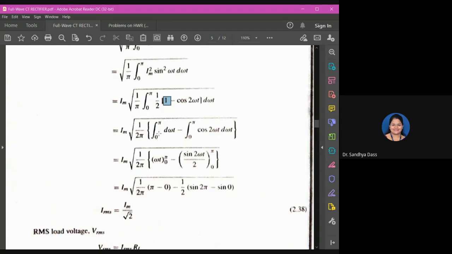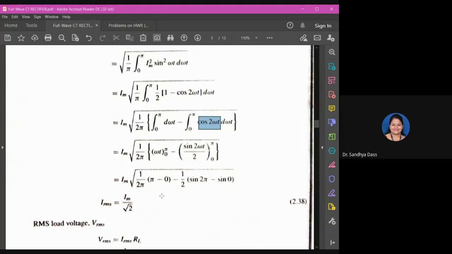So integration of the first constant with respect to d omega t will be 1 into omega t, which will be omega t itself, within the limit 0 to pi, and integration of cos 2 omega t, you have sine 2 omega t by 2. Correct?